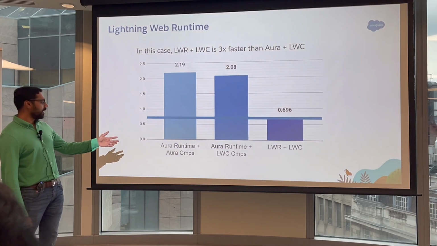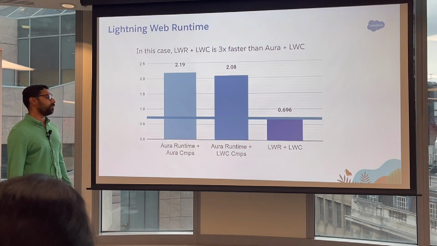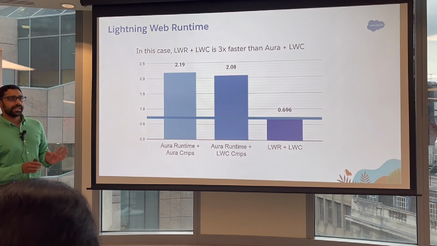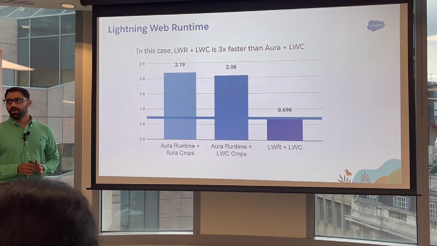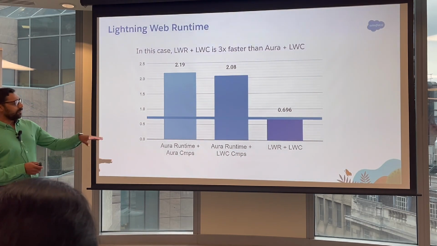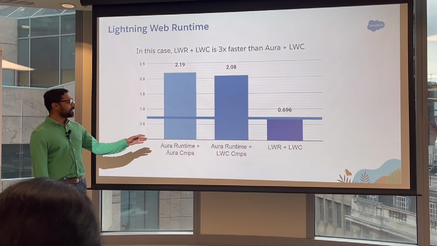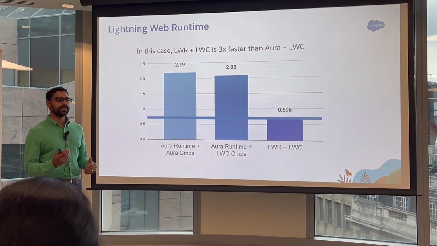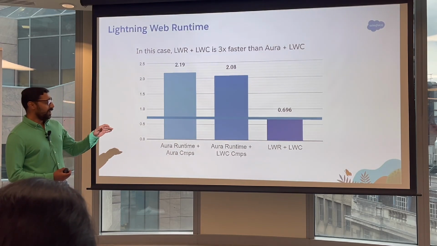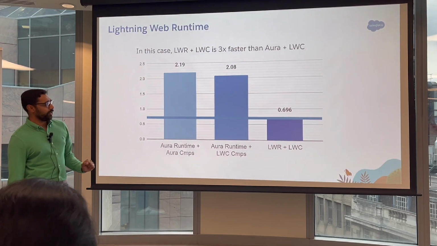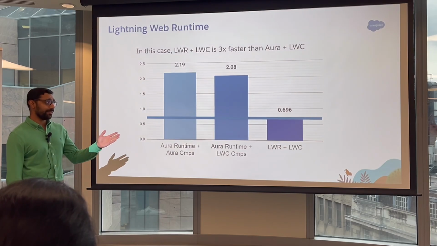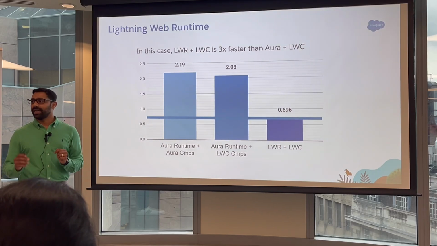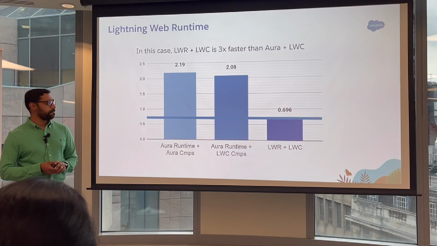The Aura runtime with Aura components takes about 2.1 seconds, to load both the data and the page together on the client side. With the Aura runtime and LWC components, it's slightly better at about 2.08 seconds, but it's still a little bit slower. With LWR and LWC, you can see 0.7 seconds, so 700 milliseconds, to load all of your data as well as render the components on your page.